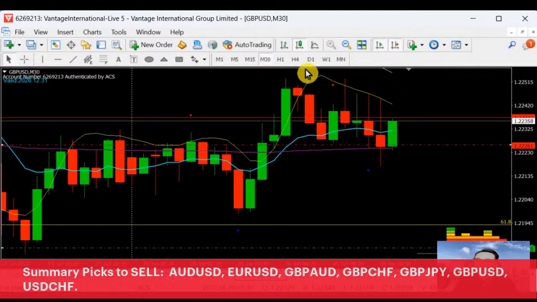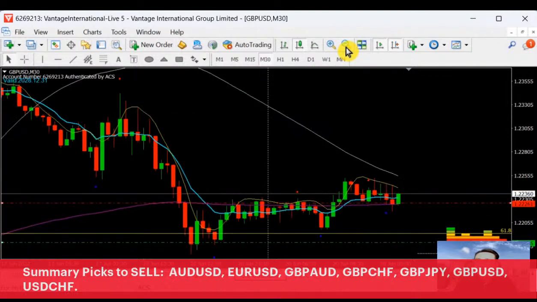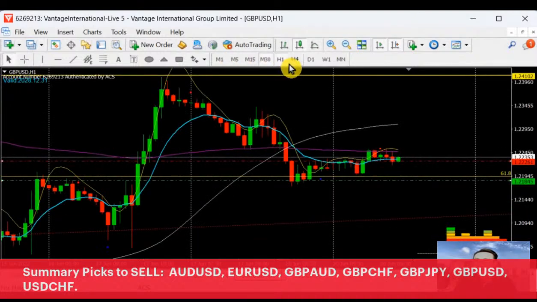For pound dollar right now, it's a bit hovering over this period of time. So if I'm not wrong, for Forex New Way, for pound dollar, you are looking for a buy.